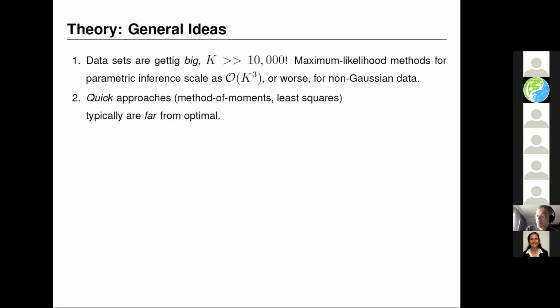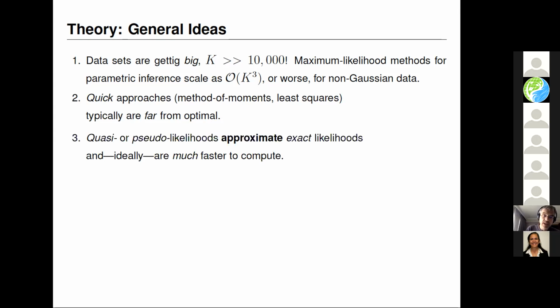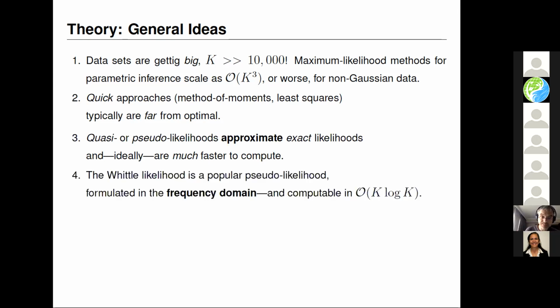Things that are quick, like summing and squaring, typically don't work well. We have tried some approaches, but they're known to be bad. Likelihood methods are much better, but what we really want are quasi or pseudo likelihoods that are like the exact ones but ideally much faster to compute, so that we can do simulations on huge fields as we need to.